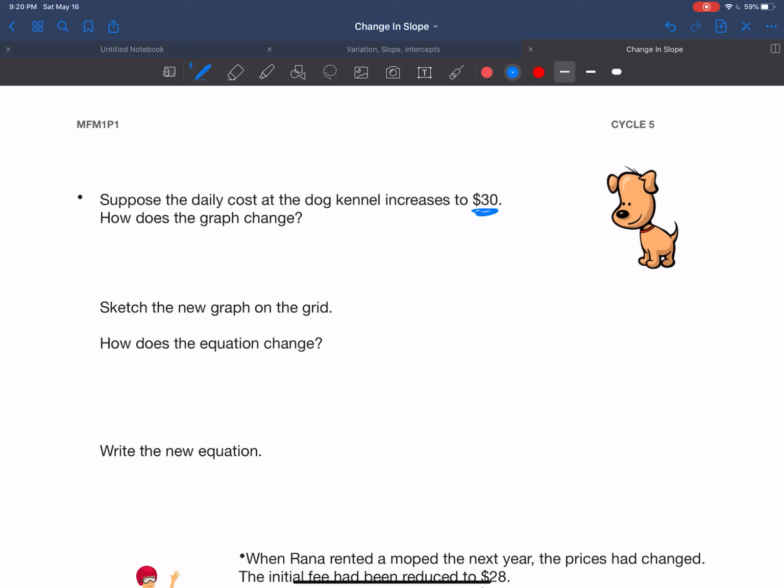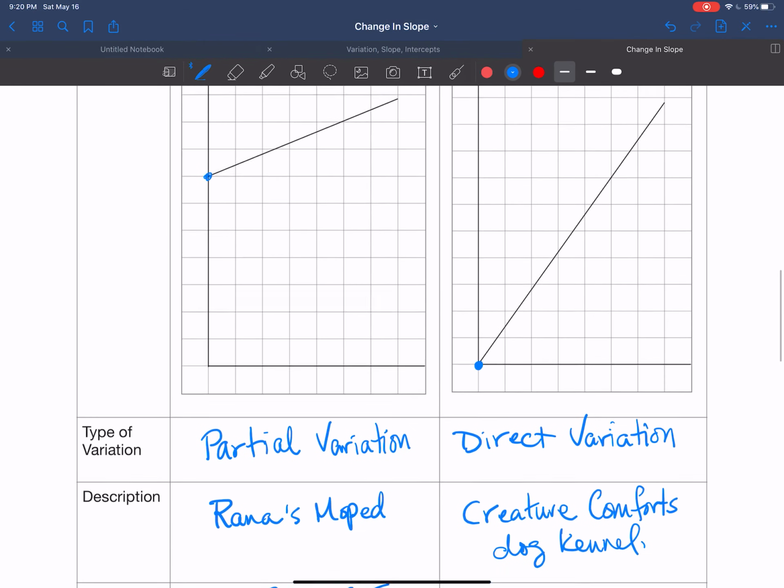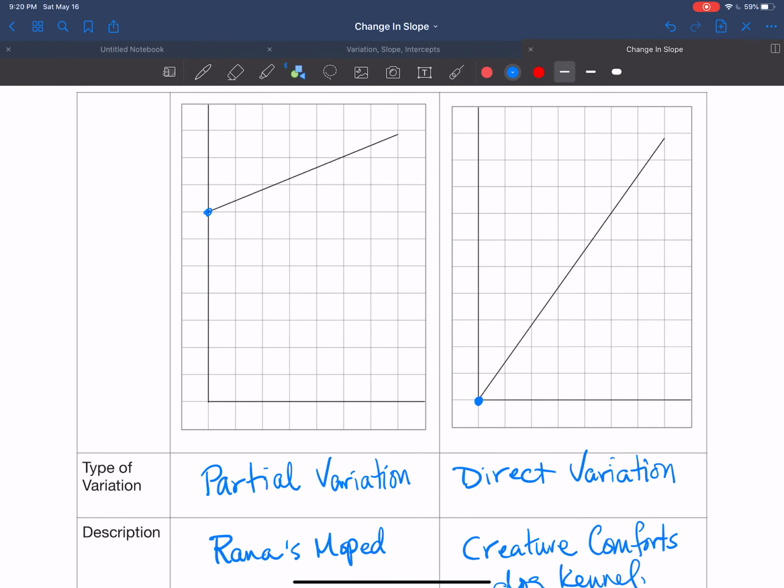So in this case, if the daily fee is higher, the graph gets steeper, or the line gets steeper. So we're going to sketch it up there. Quickly, come up here. The line will get steeper. How much steeper, I don't know, but something like that.